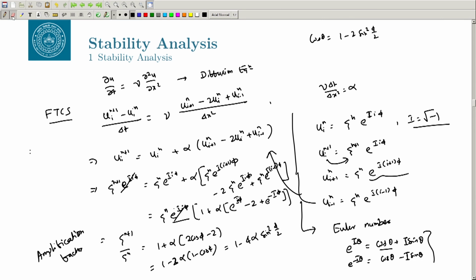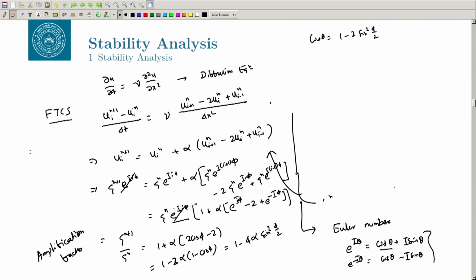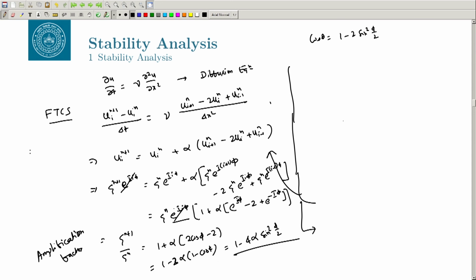In order to have this scheme stable, what we need to ensure is that the magnitude of g to the power n plus 1 by g to the power n is less than or equal to 1. That means minus 1 is less than or equal to g to the power n plus 1 by g to the power n, which is less than or equal to 1.